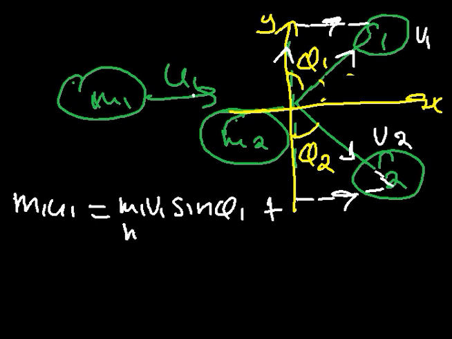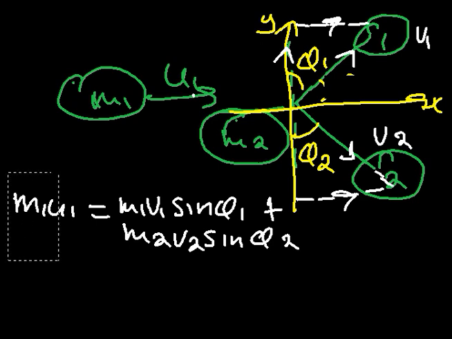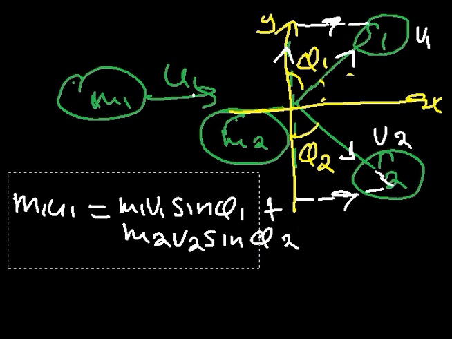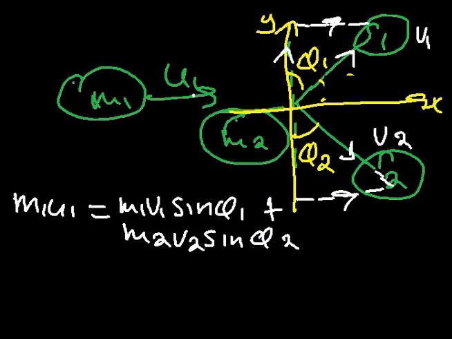We'll have it as m2 v2 sine theta 2. So this will be the formula along the x-axis for the momentum conservation. And how about along the y-axis?